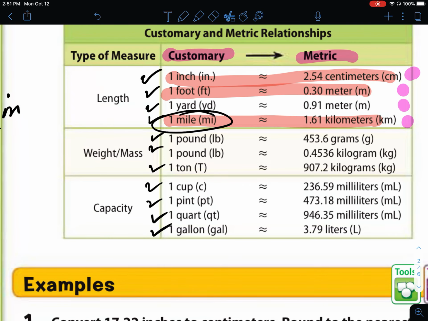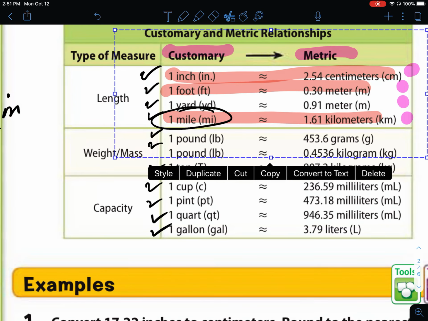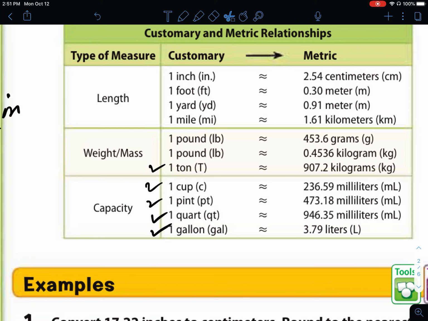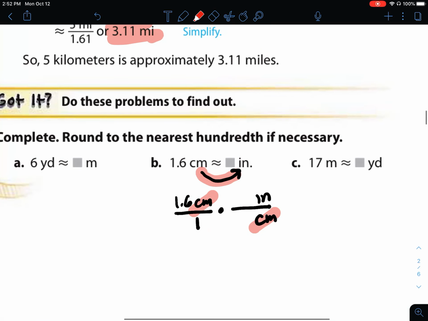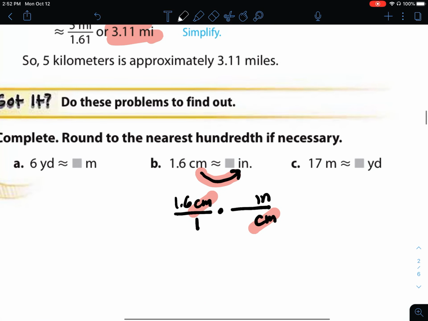Here again, let me erase everything here so you don't get confused. Here you can see inches and centimeters, the relationship. So 2.54 centimeters equals 1 inch. So I'm going to go down to my problem. I'm going to write 2.54 here because that's where my centimeter is. And I'm going to write 1 inch there.